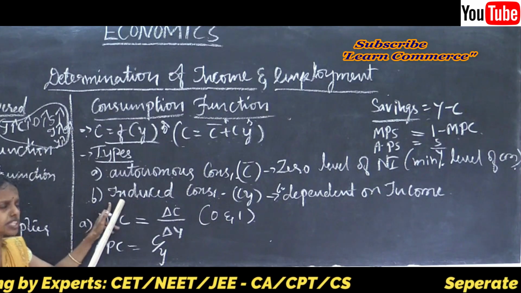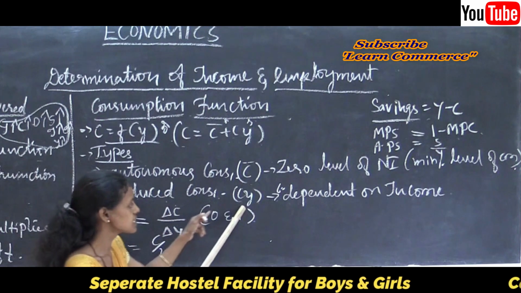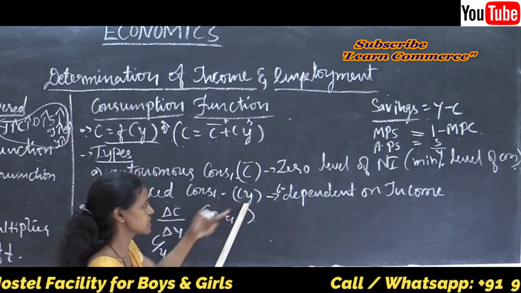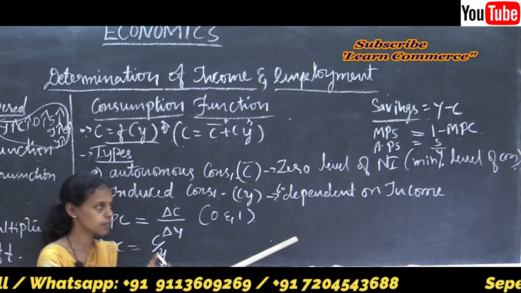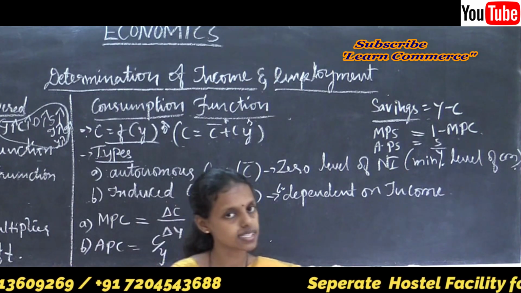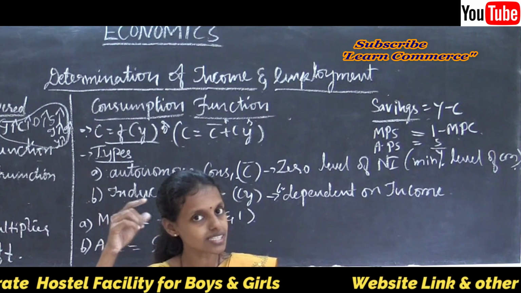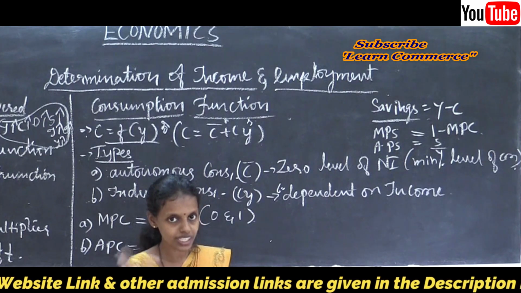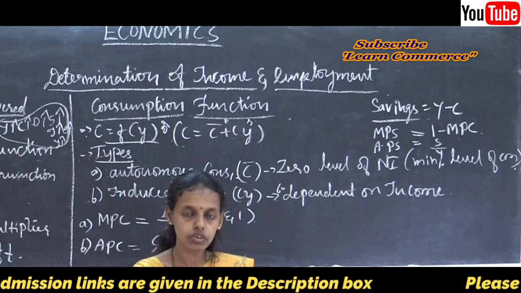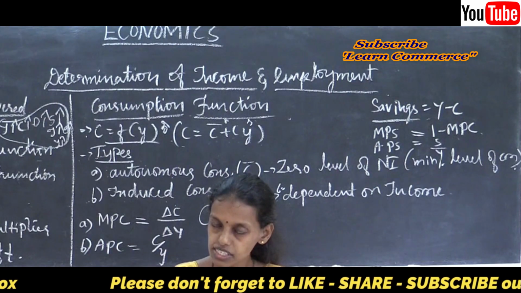Induced consumption is represented by the symbol Cy. Induced consumption is consumption that depends on income. Autonomous consumption is independent of income, not at all dependent on it. Just for survival they are going to consume, whether the income increases or decreases, no matter.